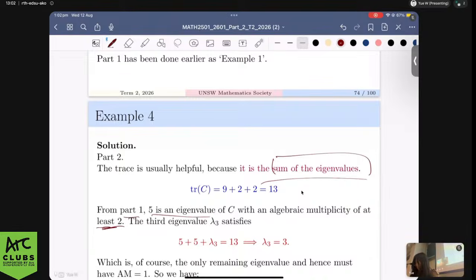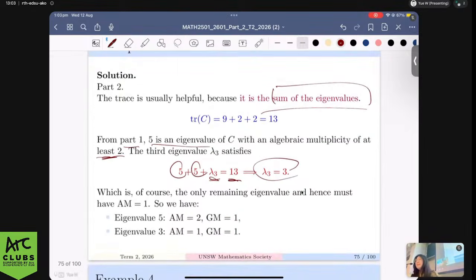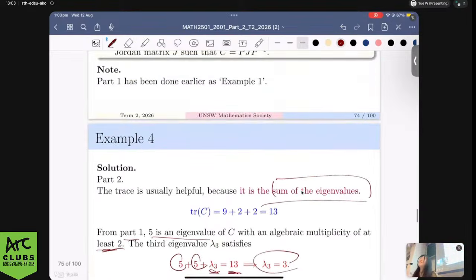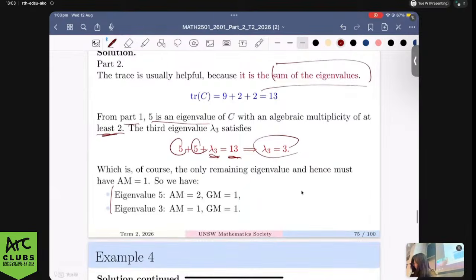So because 5 appears 2 times, you're left with one remaining eigenvalue, let's say lambda 3. You can add them up and equate it to 13. If you move the 5 plus 5 over, you get that lambda 3 is equal to 3, which is the remaining eigenvalue because it's a 3 by 3 matrix. So this is a summary of what we have.